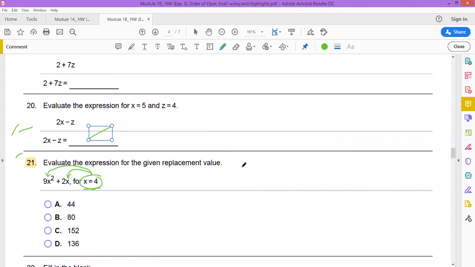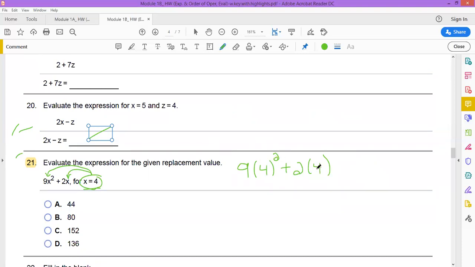So let's rewrite that expression, replacing our x terms with 4. So instead of 9x to the second power, we're going to have 9 times 4 to the second power plus 2 times 4. Now using our order of operations, we're going to deal with our exponent first.